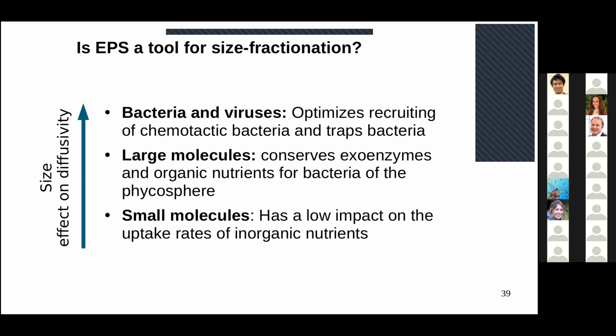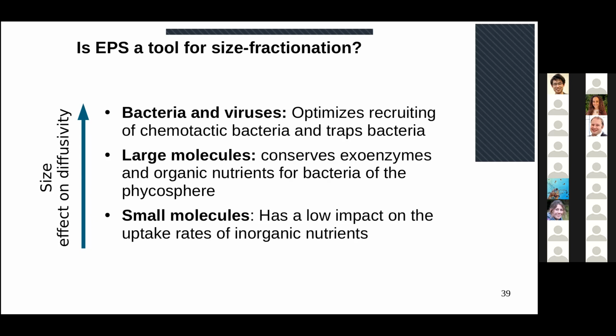At the same time, it will have some effect, but maybe not such a strong effect, on the uptake rates of small inorganic molecules, particularly if those molecules are mineralized by the bacteria within the phycosphere, no?